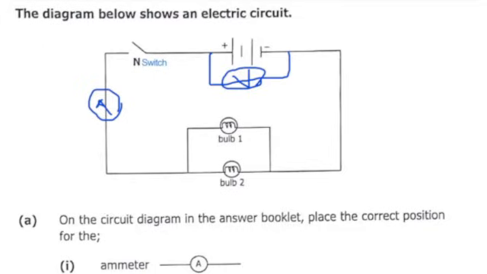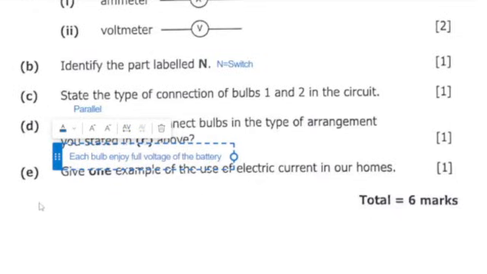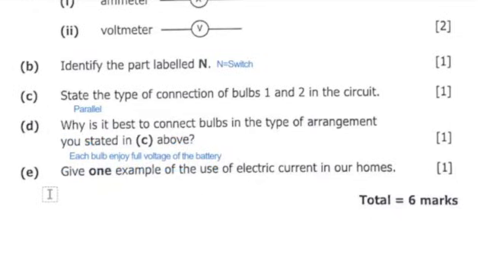Okay, we come to the next question: give one example of the use of electric current in our homes. So the use of electricity in our homes, we have talked about lighting the bulbs. The other one is we use electrical energy to play music.